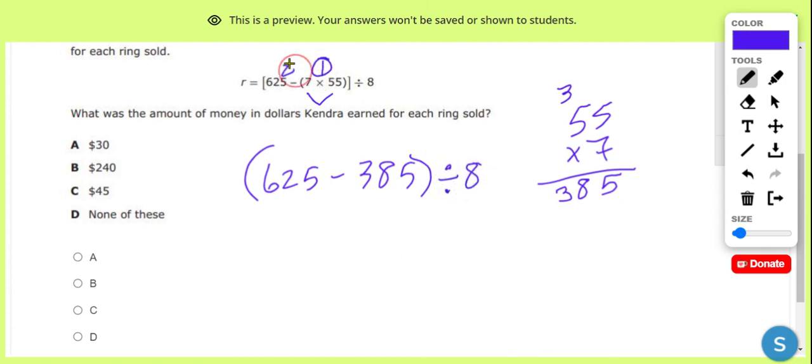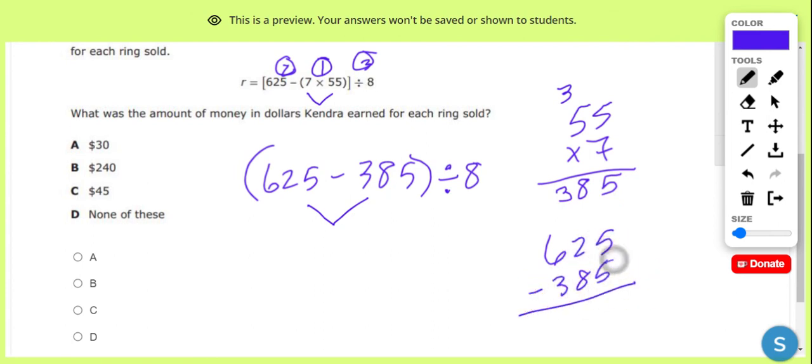Step 1, step 2, step 3. We got 240 divided by 8 for the answer.